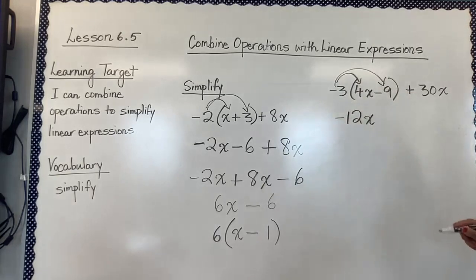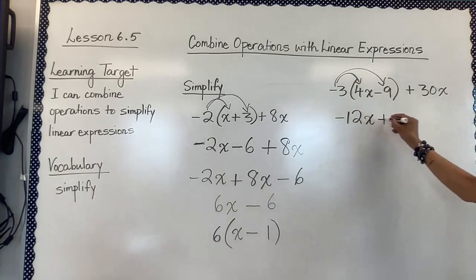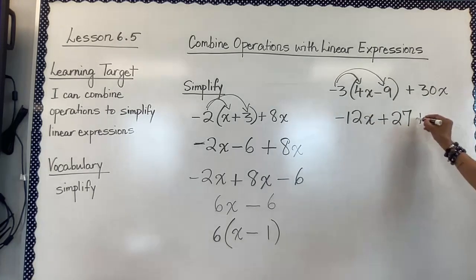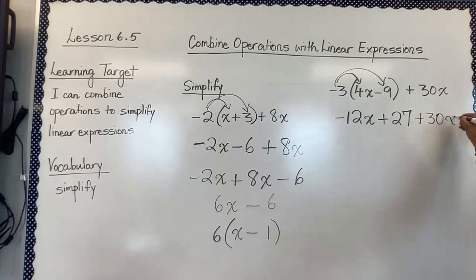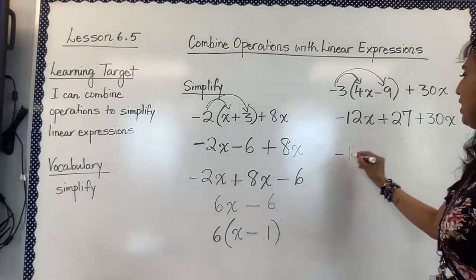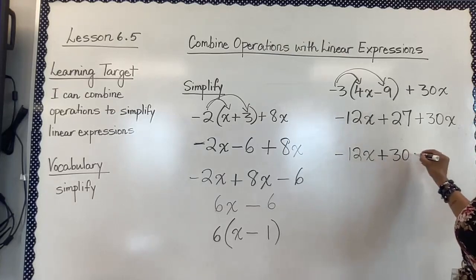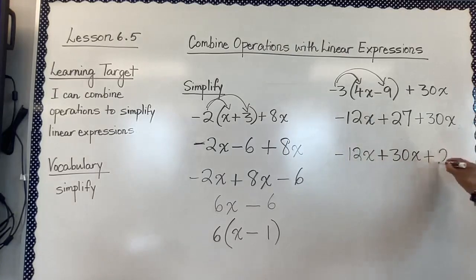Negative times negative is positive, 9 times 3 is 27, because negative times negative makes it positive. Plus 30x. Once again, I am going to combine the like terms.